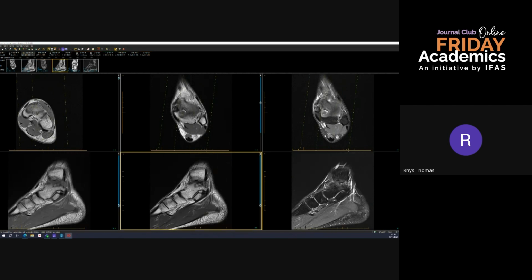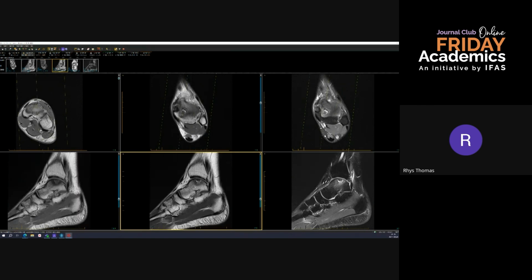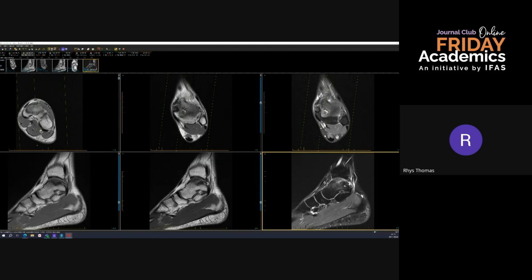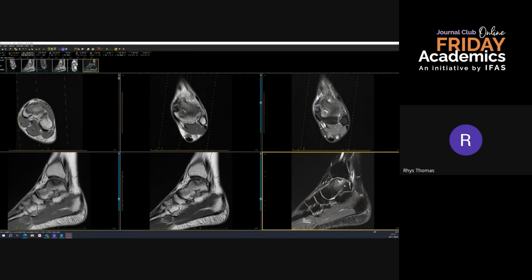When we look at this on the MRI, we can see an osteochondral abnormality here with bone marrow edema within the osteochondral lesion. We've got a difficult to see fissure at the posterior margin of the osteochondral lesion. And we seem to have a rim of fluid here going all the way, undermining the entire osteochondral lesion, which is highly concerning for an unstable lesion.